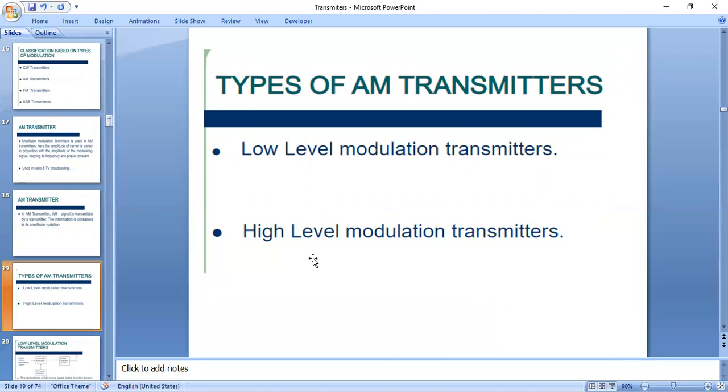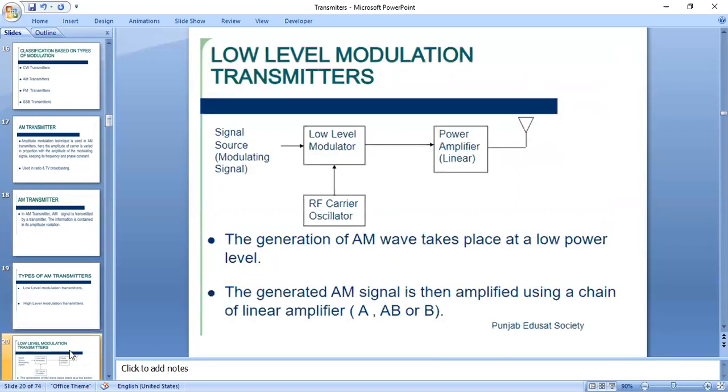In high level modulation, the modulation takes place after the amplification, near the transmitting antenna. We can observe the difference between the low level AM transmitters and high level AM transmitters by using a block diagram.